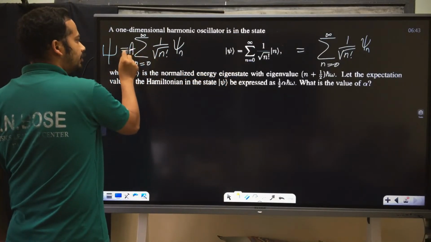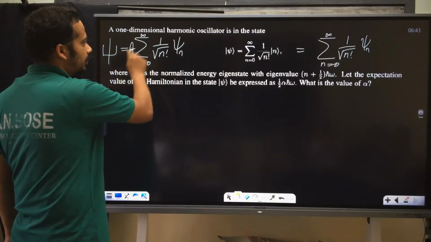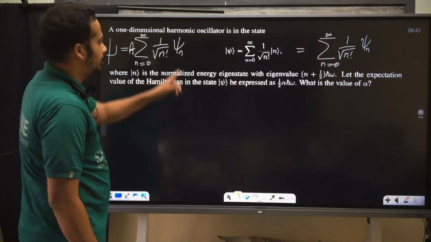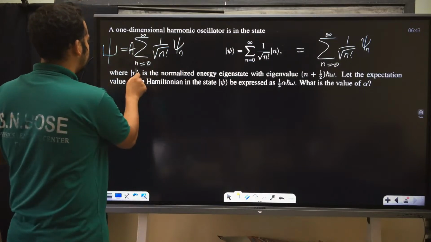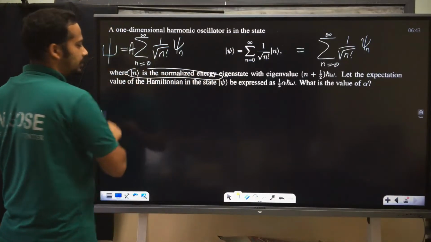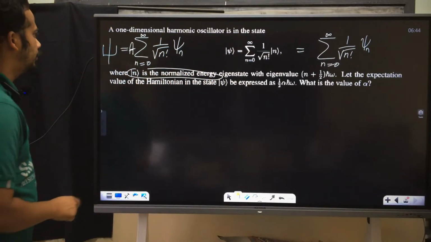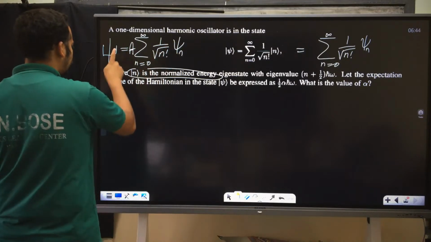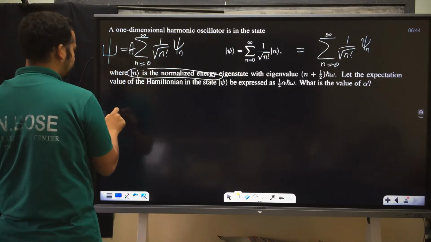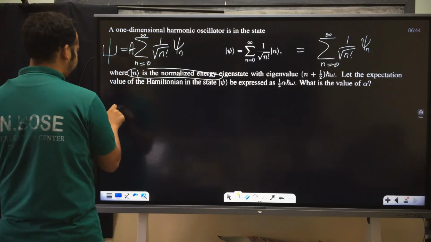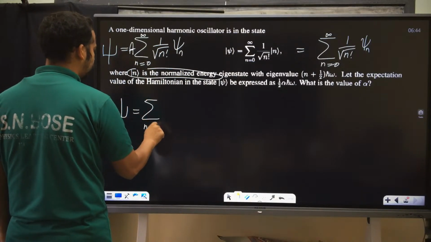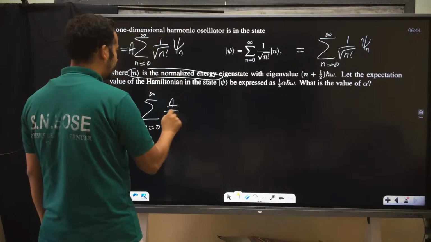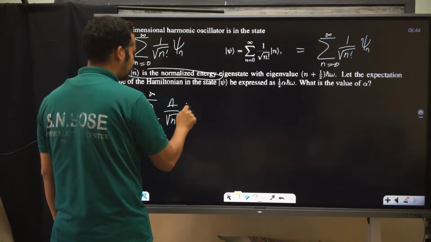You find this multiplicative constant a in such a way that this total state is normalized, where the psi n are normalized. He mentioned psi n is a normalized energy eigenstate. So since psi n are normalized, how do you normalize this one? You have to consider summation over n equal to 0 to infinity a by root n factorial psi n.